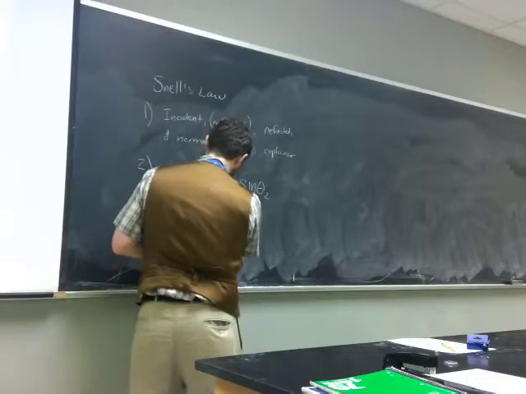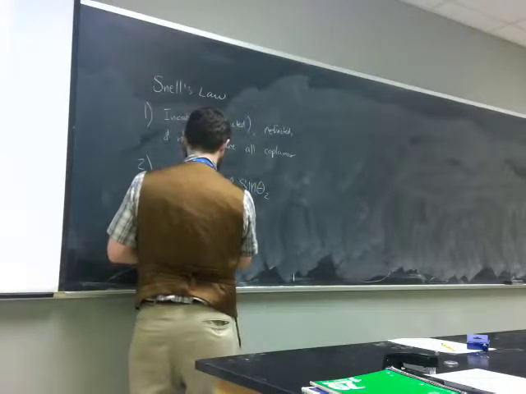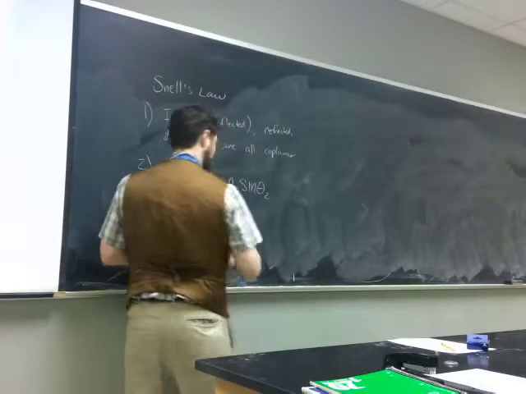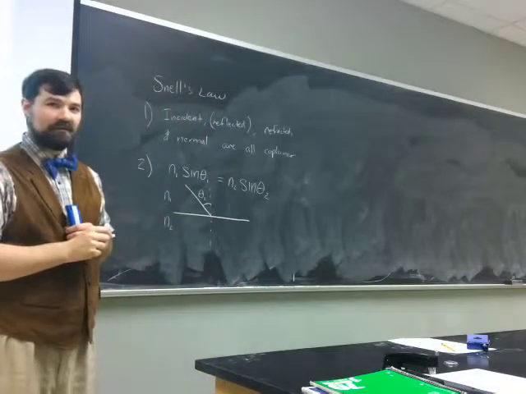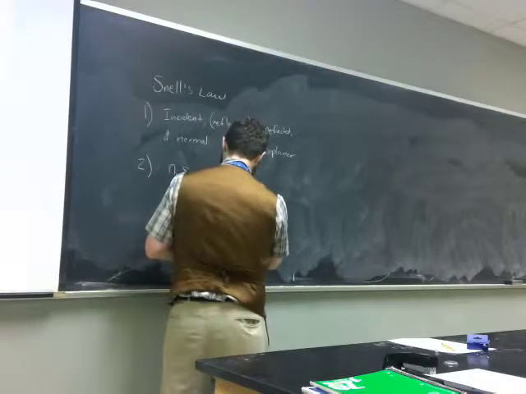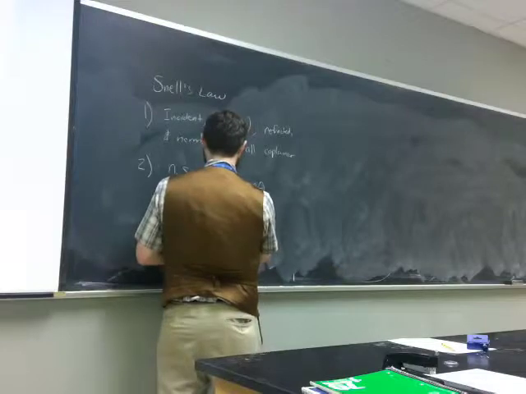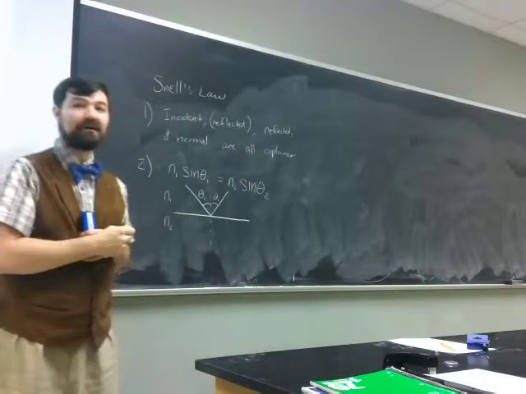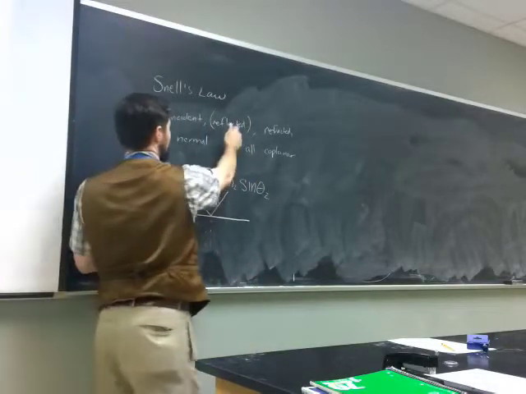We have an incident ray like this, so this would be theta 1. Now what's going to happen is it hits this interface, some of it gets reflected. So this one right here also would be equal to theta 1. That's the law of reflection, and that's this part right here.